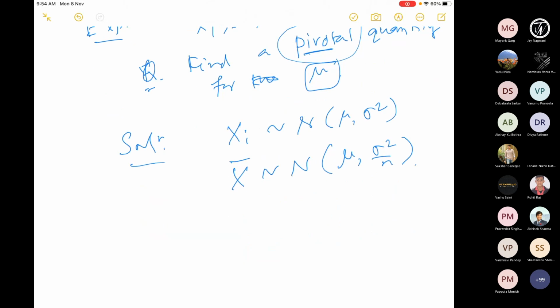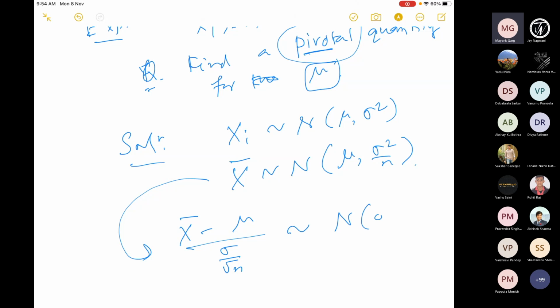Now, since x bar is this, then what is the distribution of (x bar minus mu) divided by (sigma by root n)? x bar is normal, and this is a standardization of the normal. So it is standard normal.